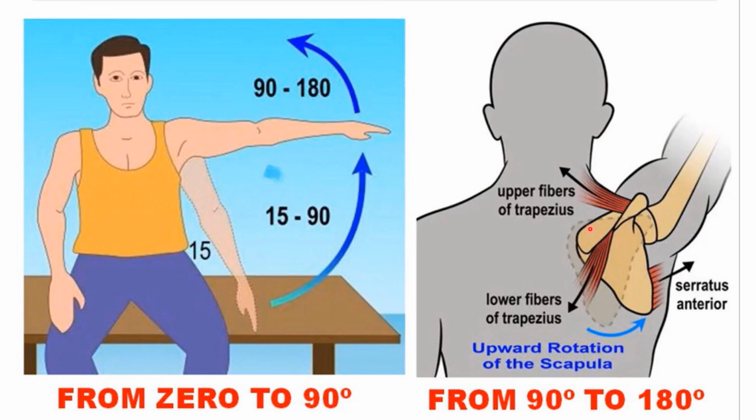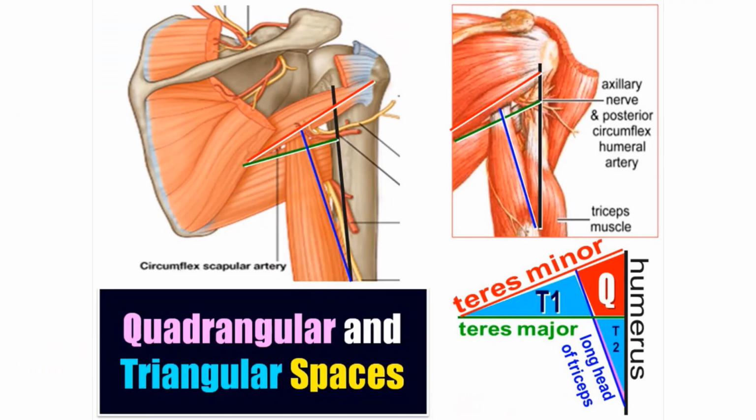So the trapezius moves the scapula upwards, and the serratus anterior moves the scapula outwards. So trapezius is upwards, serratus is outwards. Again, from 0 to 15 degrees by the supraspinatus, then 15 degrees to 90 degrees by the middle fibers of the deltoid, and then 90 degrees to 180 by the trapezius muscle and serratus anterior muscle.